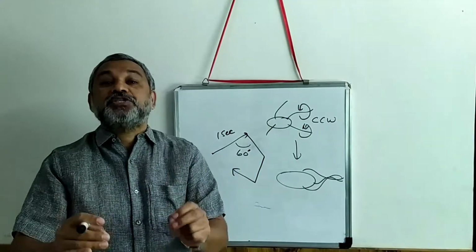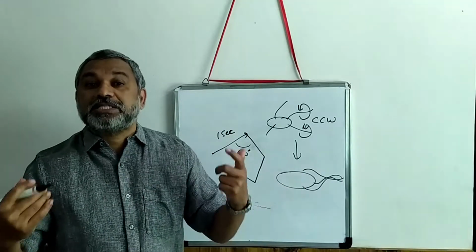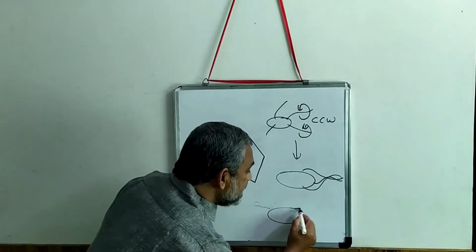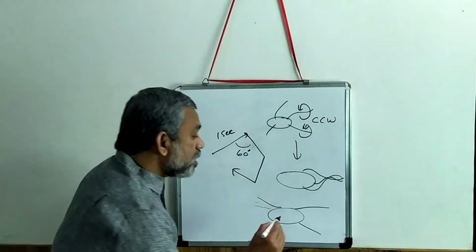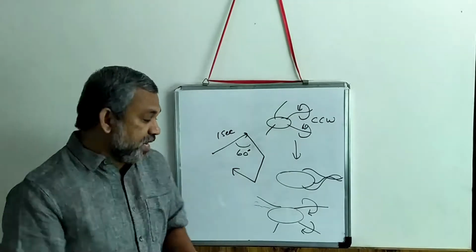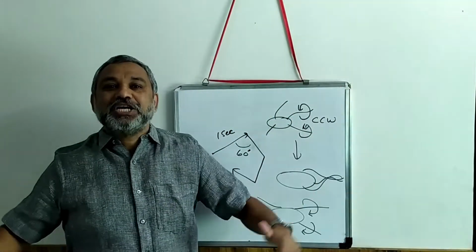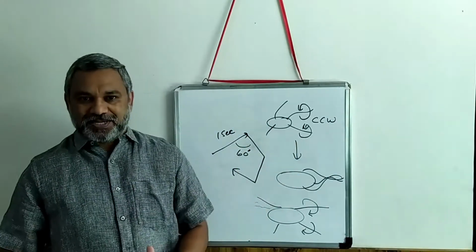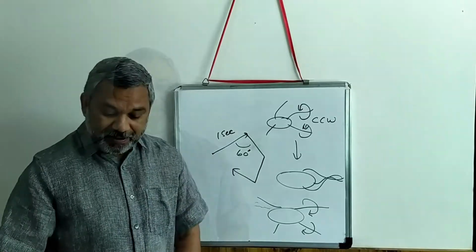If a bacterium has to tumble, when it comes across a repellent, all the flagella will rotate in a clockwise direction and get scattered. When it gets scattered, it is not able to move forward and the bacterium tumbles. This is the phenomenon that has been seen.